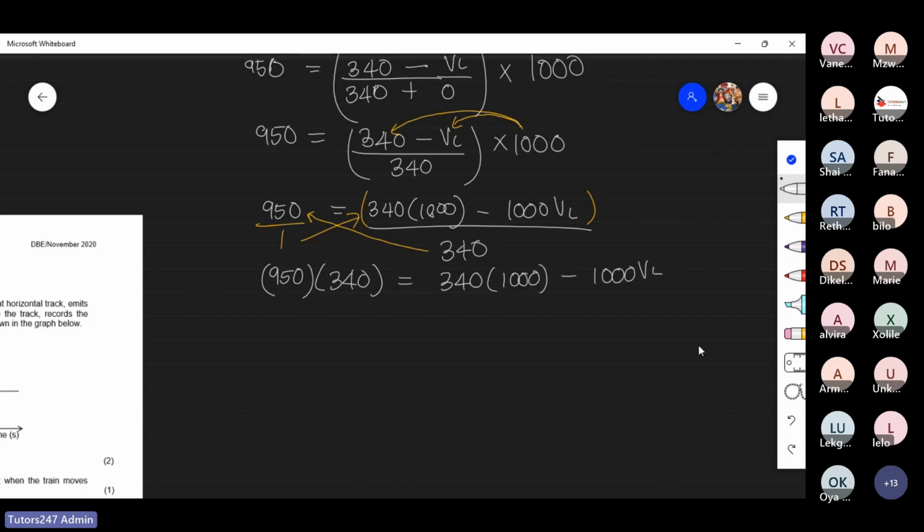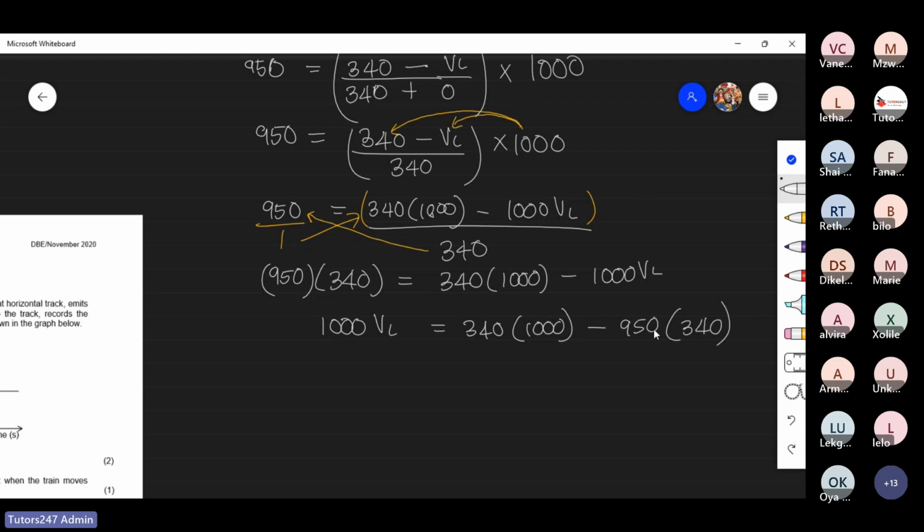From here, I'm going to take negative 1000 VL to the left, and move all of my constants to the right. That gives me 1000 VL equals 340 times 1000 minus 950 times 340.